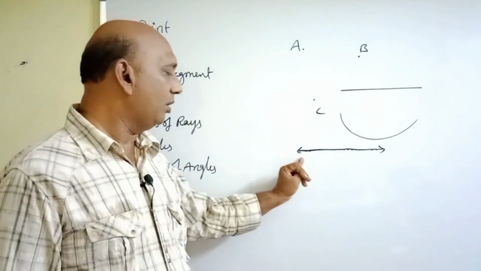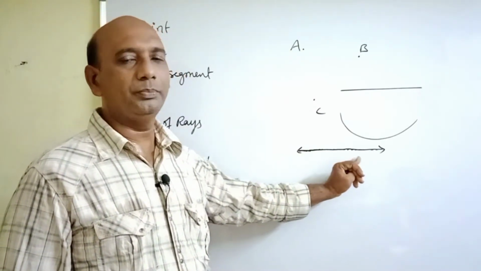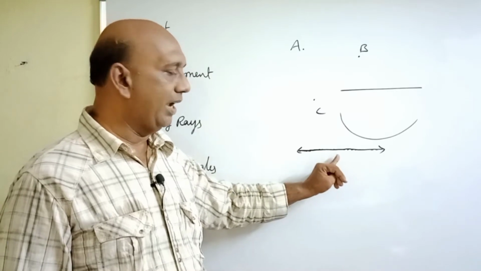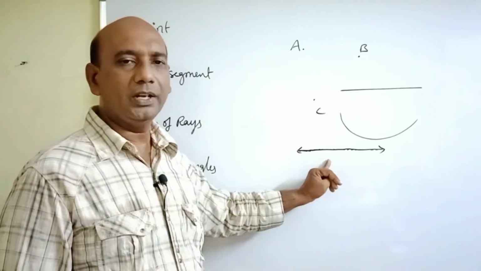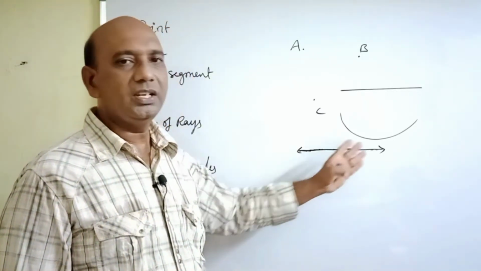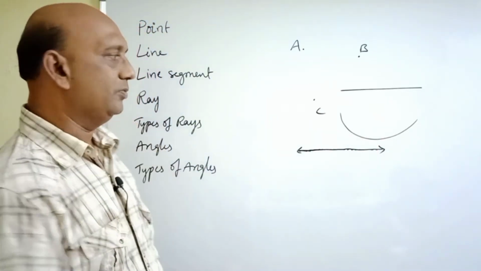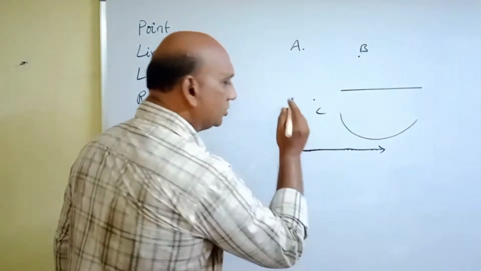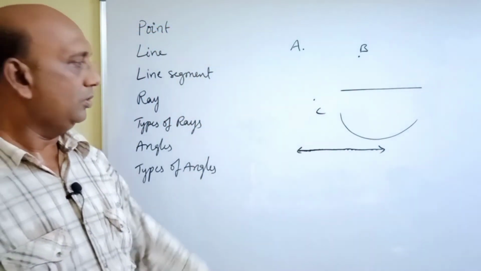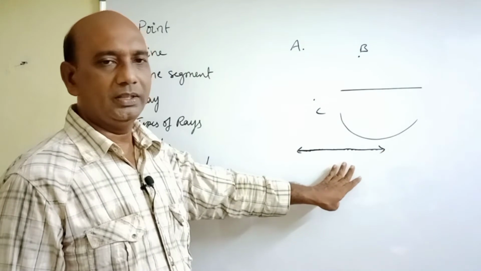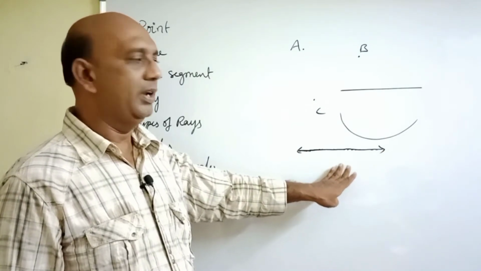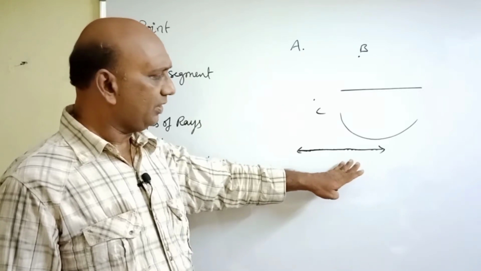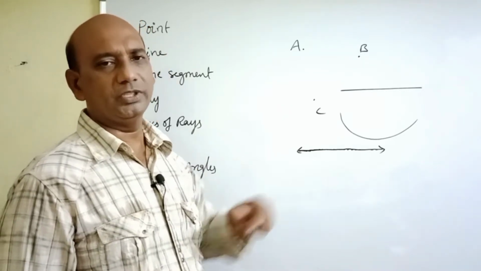That's why it is extending on both sides, and that's why we marked arrows on both sides. So this is the definition of line: a line is a set of infinite number of points which extends indefinitely on both sides.